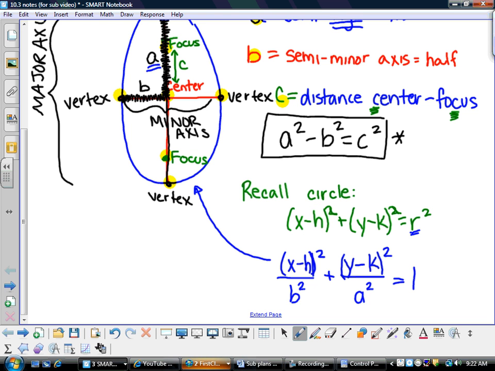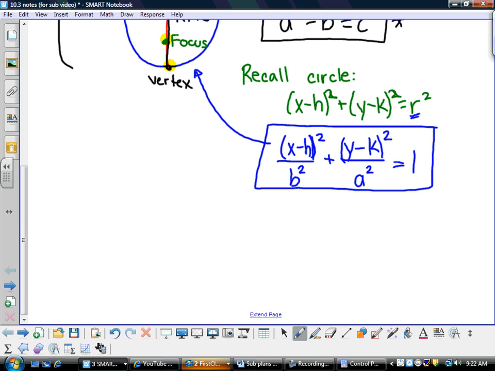That is our equation for an ellipse. That's what we call the standard form of the equation for an ellipse. And in this case, this is the standard form for a vertical ellipse because the bigger number is with the y's. The only thing that would change if it was a horizontal ellipse is the A and the B would switch.